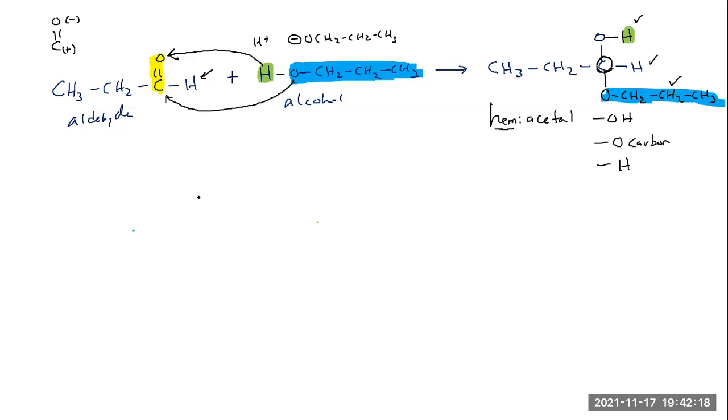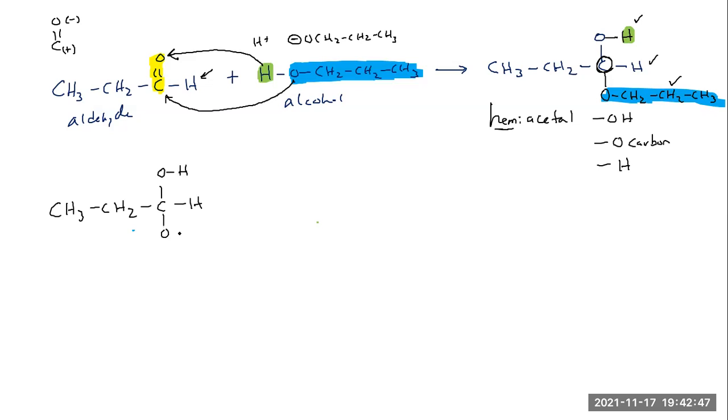Now, this is what you get when you add just one alcohol to an aldehyde. If you happen to add two alcohols to the aldehyde, the first thing that would happen is you would make this hemiacetal. And then that alcohol would add to this hemiacetal. So let's take a look at what happens when we add in a second alcohol.